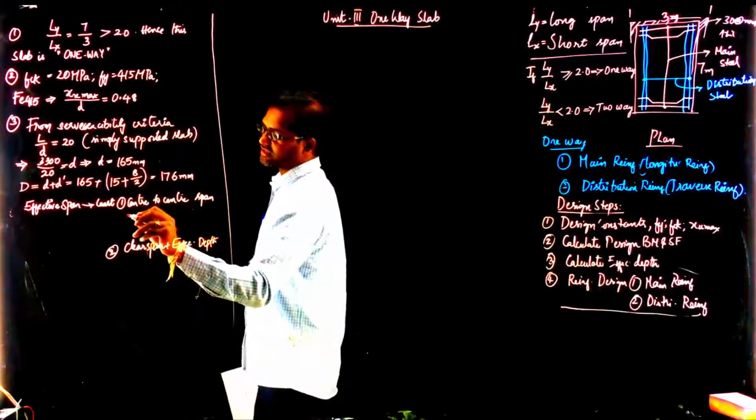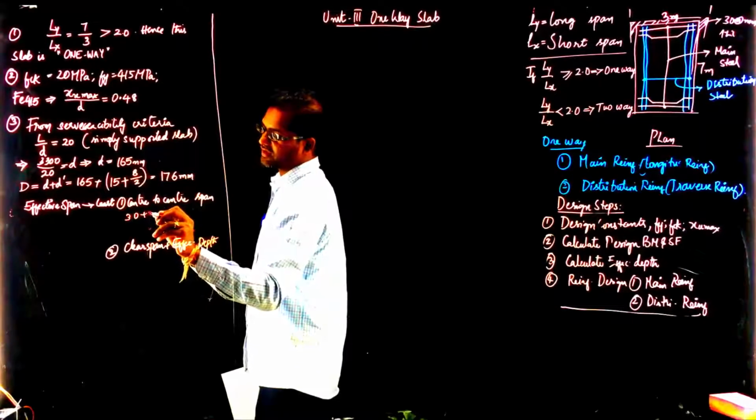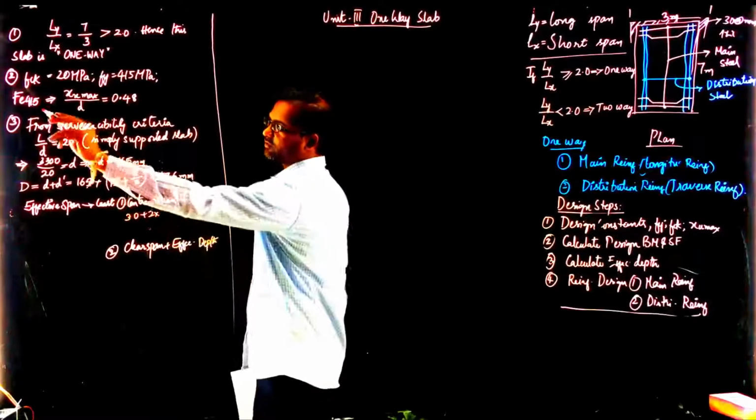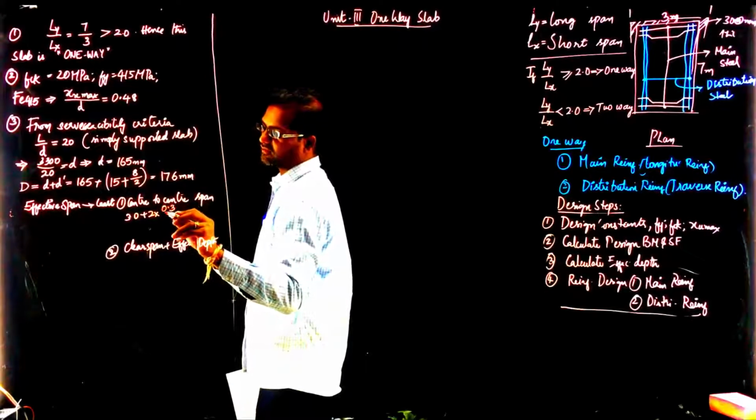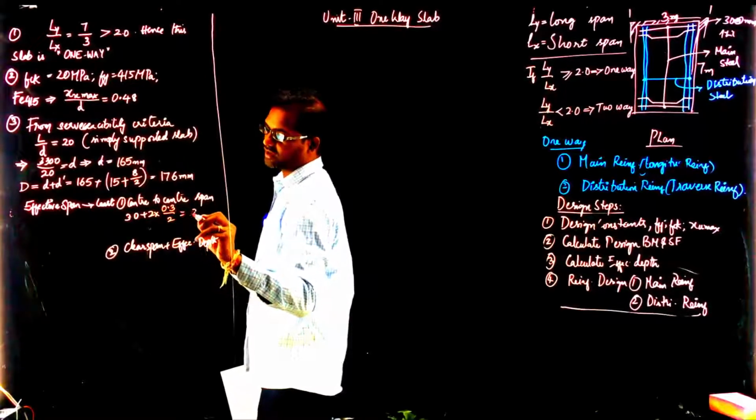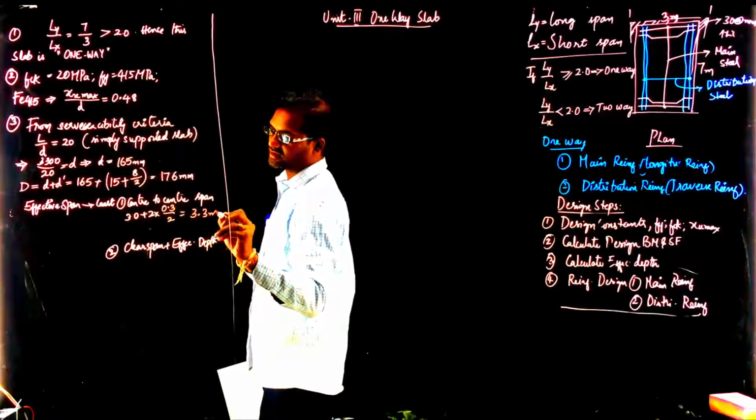Center to center span is 3 meters plus 0.3 divided by 2 on each side, which gives 3.3 meters.